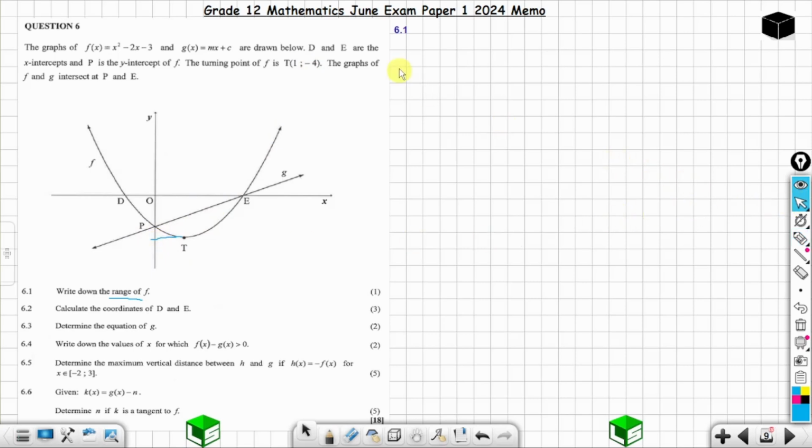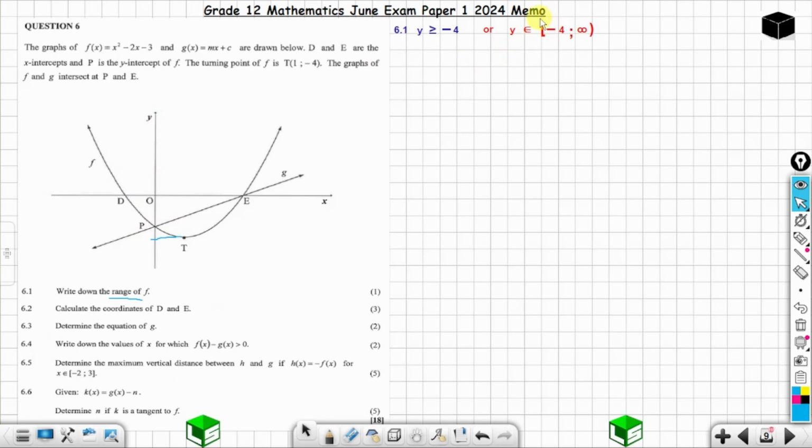So the range, you are going to write y greater than or equal to -4, or you can write the range in interval notation. You have y element of -4 all the way to infinity.